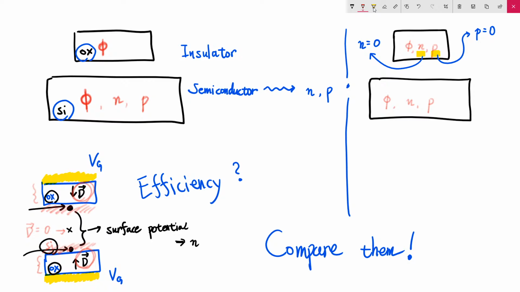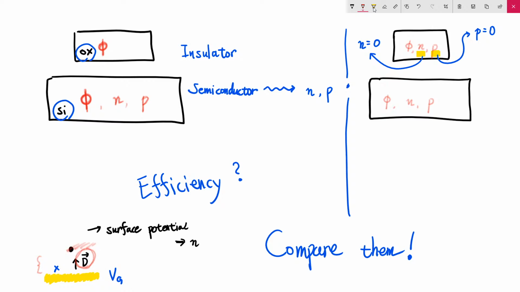Here, we have two different ways to define scalar fields like electrostatic potential, electron density, and hole density. I'm now suggesting a method or a scheme where electron density and hole densities are defined only at some points we need.